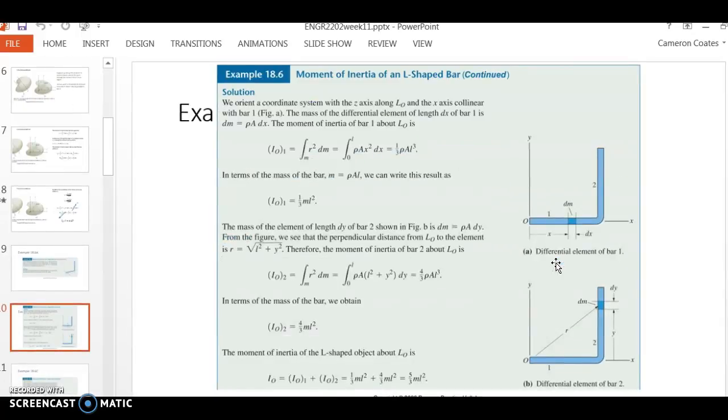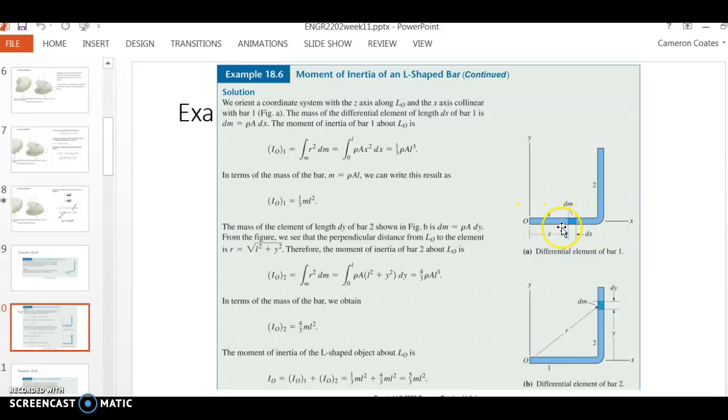Here's what we're going to do. We're going to do what we did before with the 1D scenario, where we define an elemental mass and associate with it an elemental length. In the first case we looked at it was dr, but now I'm going to call it dx, just because I'm along the x-axis.